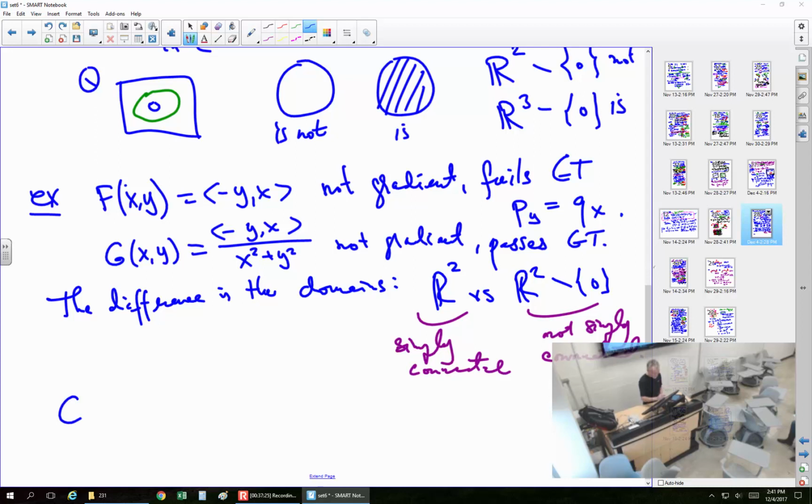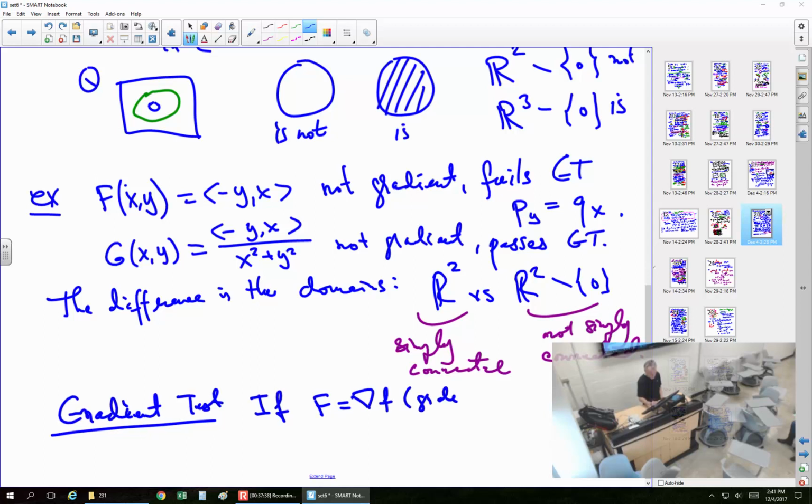Gradient test: if f is a gradient, del f equals pq, two components, then it satisfies the equation that I just wrote over there: py equals qx. Naturally, these are partial derivatives, so the x component p is differentiated with respect to y, and the y component q is differentiated with respect to x.